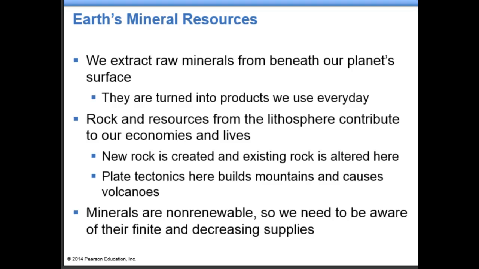The lithosphere, which we've talked about before, is the region that includes the uppermost layers of rock near the Earth's surface. The rock cycle within that area creates new rock and alters existing rock. Plate tectonics, as you remember making your books, builds mountains. They shape the geography of the oceans and the islands and the continents, and they also give rise to the earthquakes and volcanoes that we are familiar with.